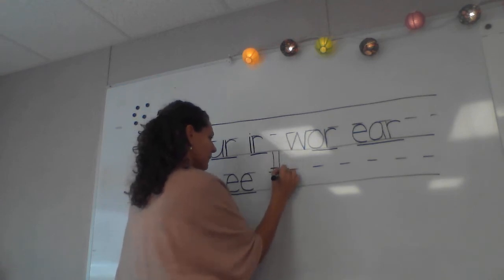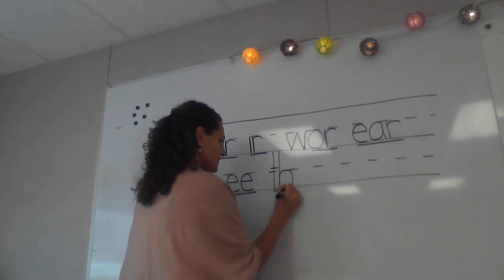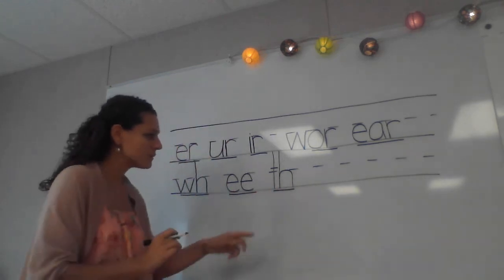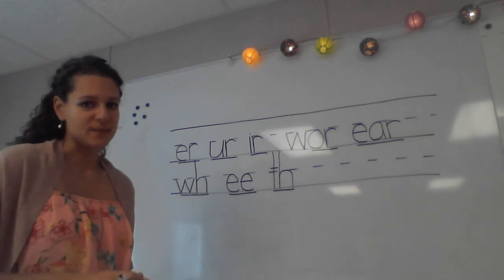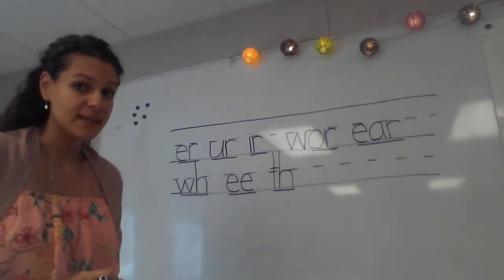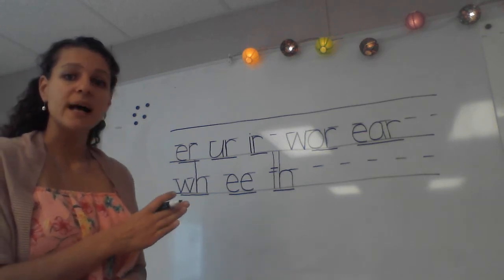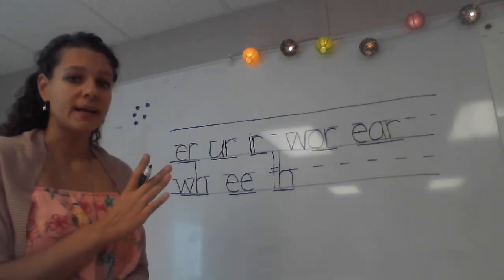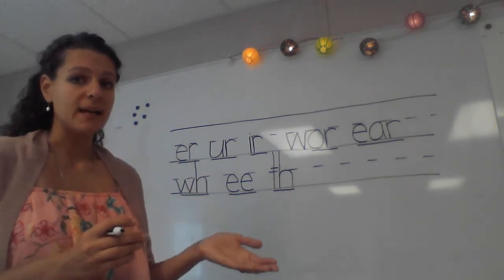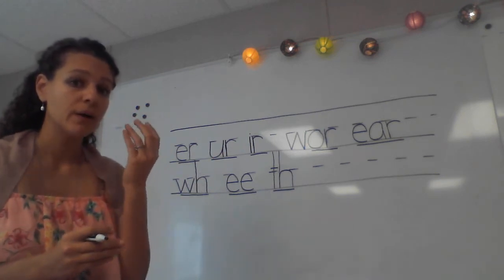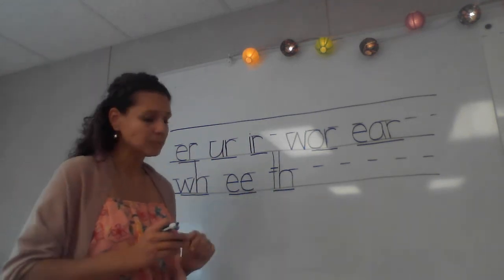And of course, we underline to show that those 2 letters go together to make those sounds. All right, if you didn't have that, please pause it, write it 3 more times, saying it while you write it. That saying it while you write it is really going to help you remember the sounds of this.